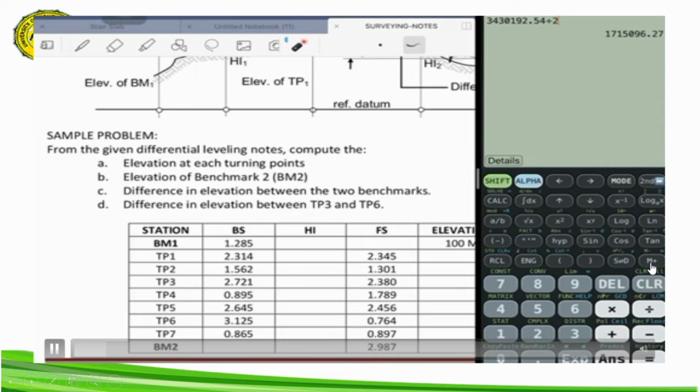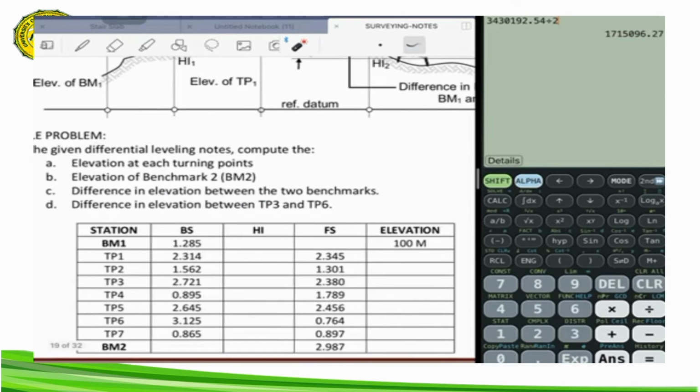So you have the turning points TP1, TP2 up to TP7. And then compute for the elevation of benchmark 2, and the difference in elevation between benchmark 1 and benchmark 2, and then the difference in elevation between turning point 3 and turning point 6.